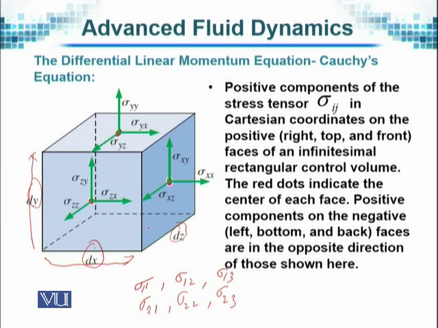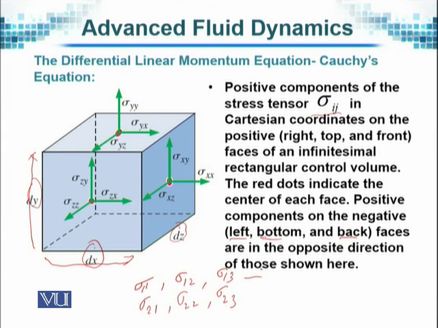So these are 3 mutually perpendicular rectangular coordinates, x, y, z, and we have the stress forces acting in all 3 faces of this small cube that we see here. Their components act in the left and the bottom and the back faces, but altogether there will be 9.